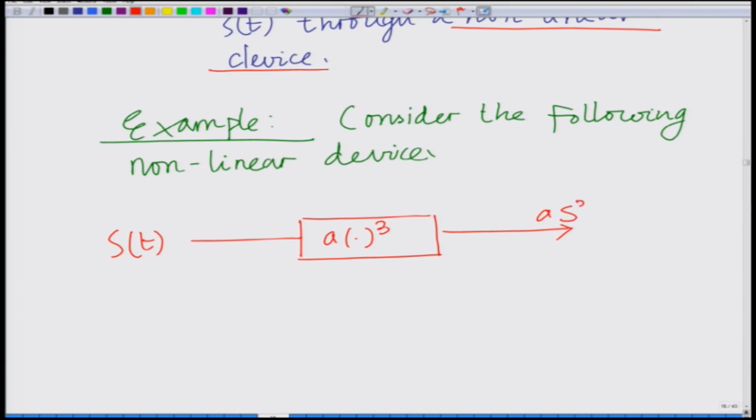So, the output is a times s cube of t. This is your input and this is your output, which is a times s cube t, and you can clearly see this is a cubing operation. So, this is a non-linear device, all right. It is straightforward to see that this device is a non-linear device.